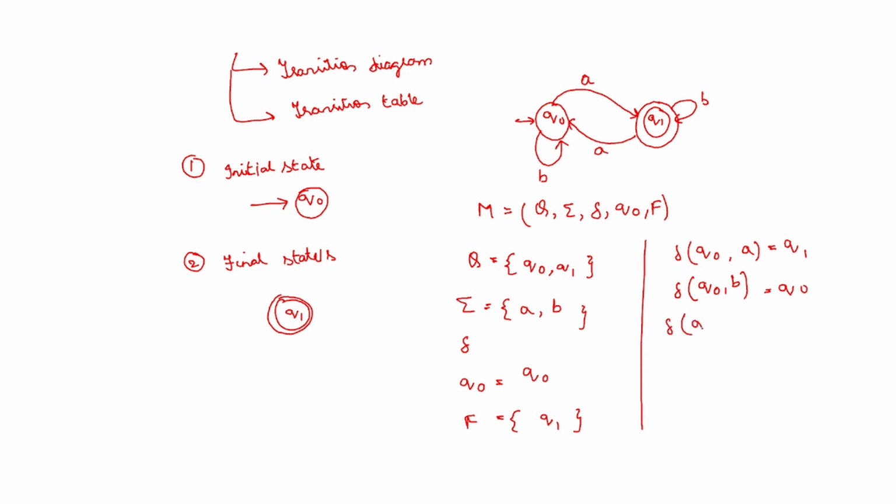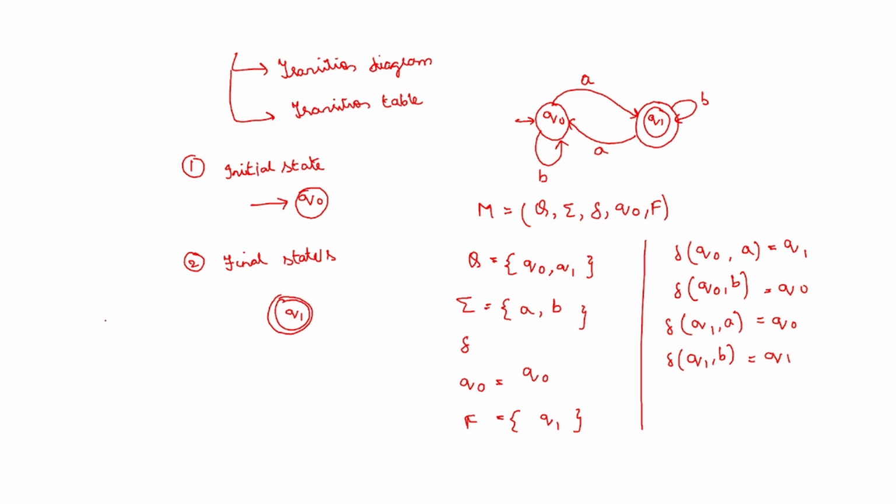And delta of q1 comma a, when q1 is applied with a the state changes to q naught. And delta of q1 comma b, when q1 is applied with b the state remains the same and it is q1. So this is how we represent the formal definition using the diagram.